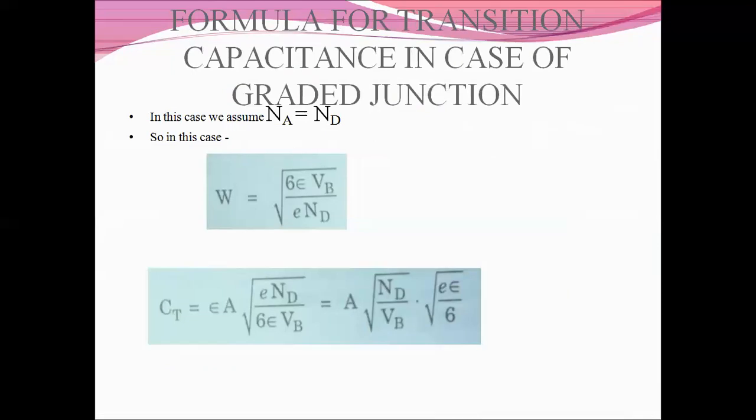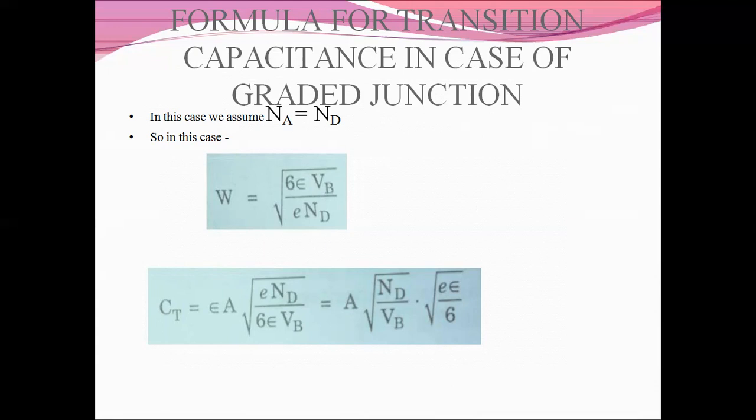Next, we are going to see the formula for transition capacitance in the case of a graded junction. Before that, we saw the transition capacitance in the case of a stepped junction. Now we are going to see it for a graded junction.